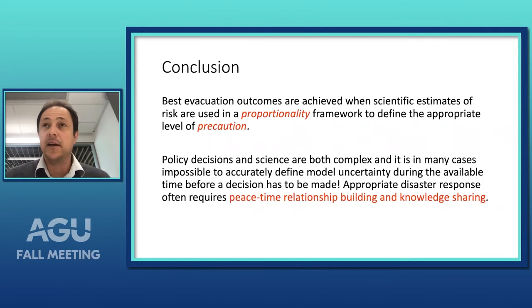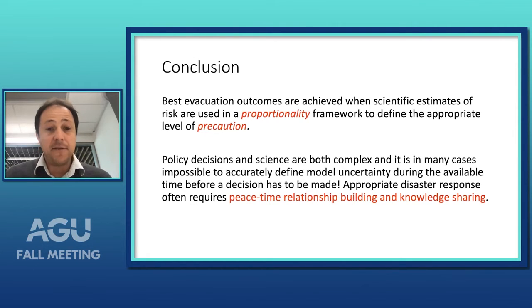Precaution being an underlying idea that we do whatever is necessary for life safety, and proportionality being a legal and a government concept in which we weigh off the imposition of a decision versus the benefits of the decision. And many times those are competing interests.